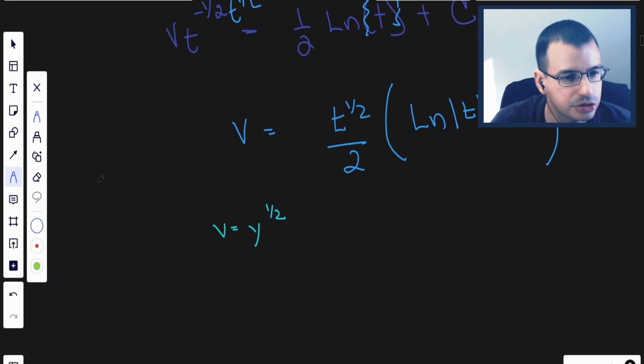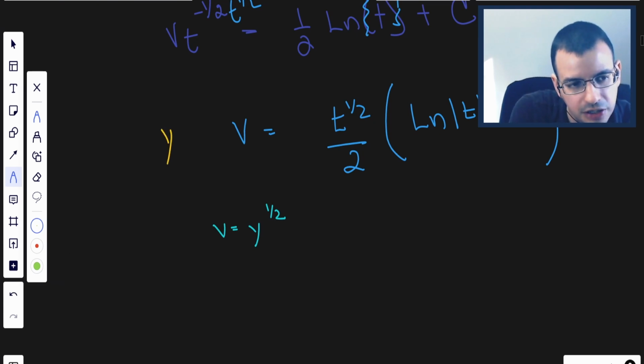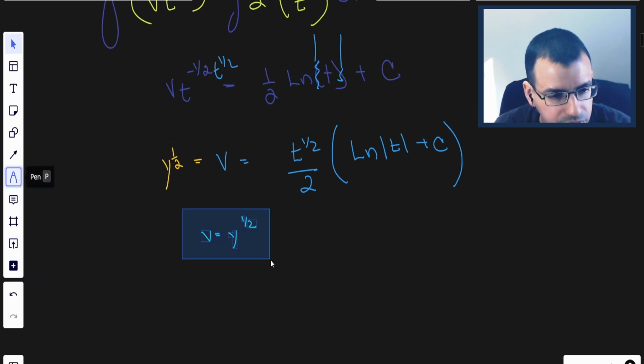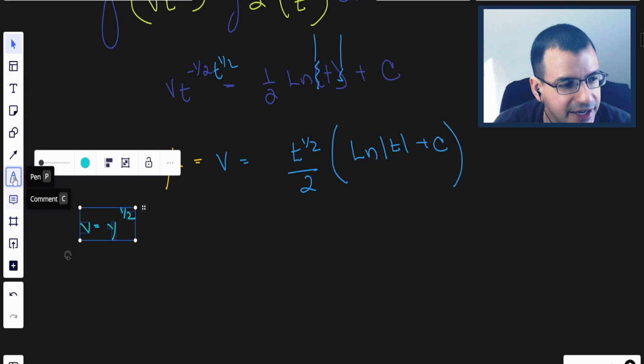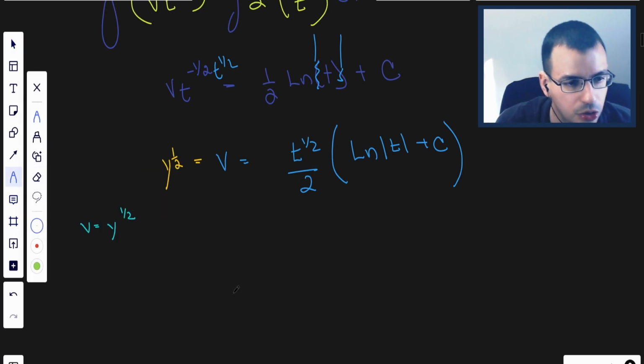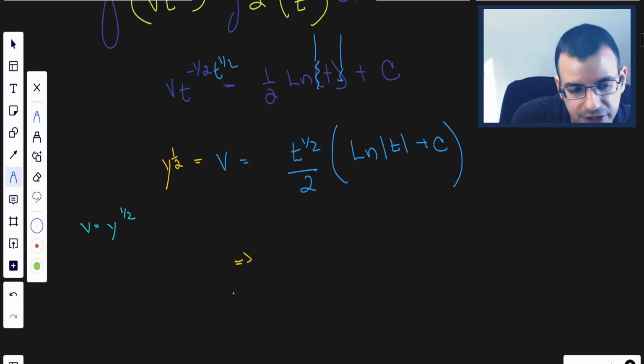So I am going to abuse the benefit of having an infinite whiteboard. I'm going to say y to the 1/2 equals this. And now to actually get y, I'm just going to square both sides.